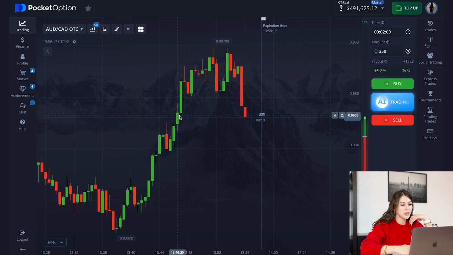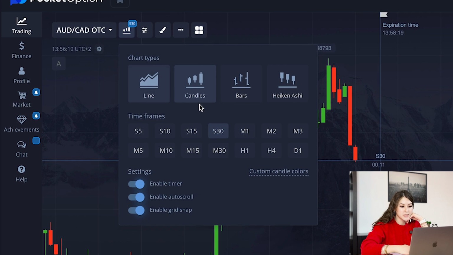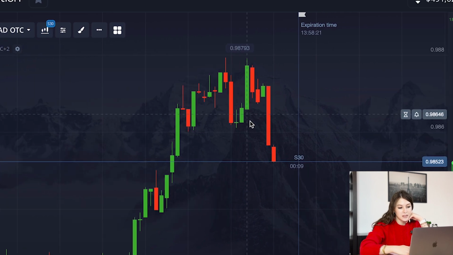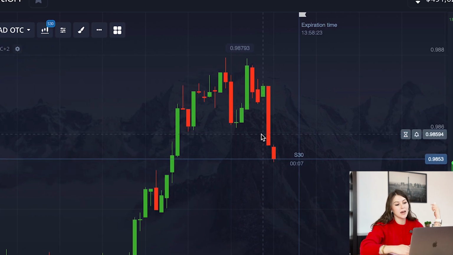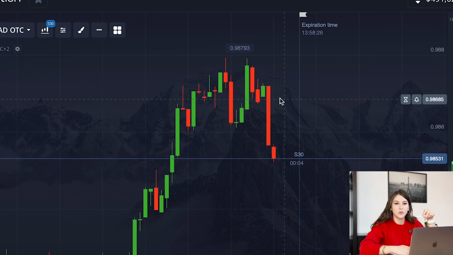A candle in binary options is the amount of quotes in some certain period of time. For example, if we put the candles for 30 seconds, then in these 30 seconds we can see the amount of quotes in 30 seconds.